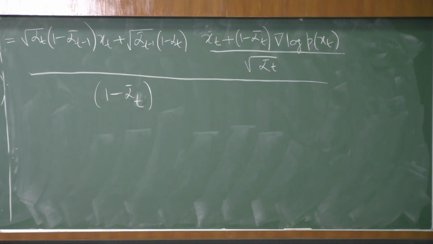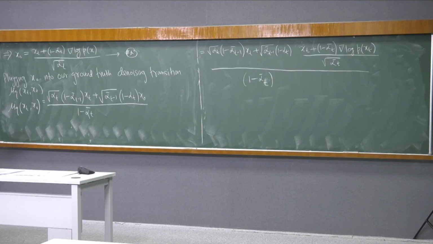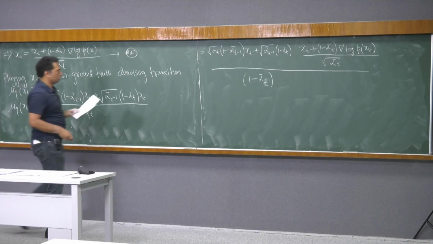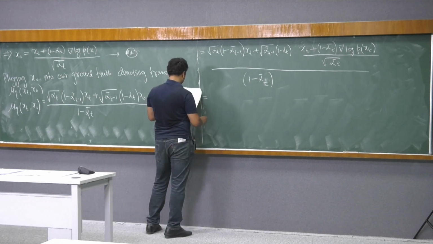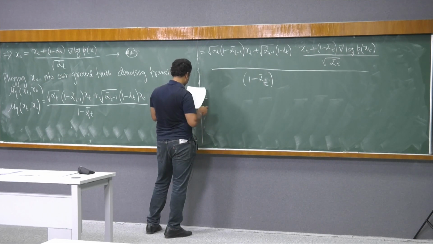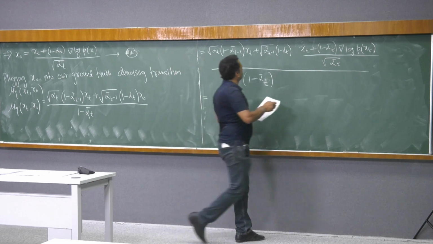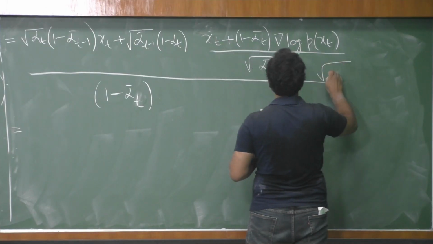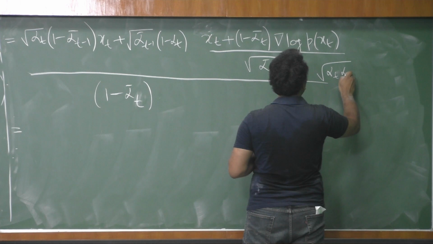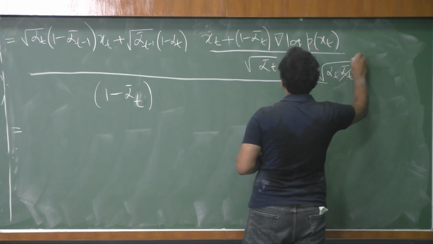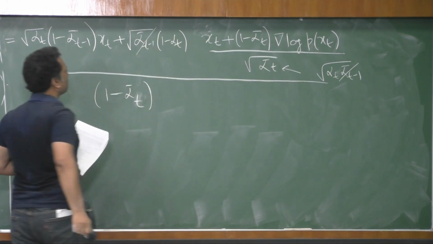We have just substituted x naught there. So let us check: x naught is xt plus 1 minus alpha bar t grad log p xt divided by square root of alpha bar t. Continuing from here, obviously we expect some simplifications, similar to what we did before. So this guy is square root of alpha t alpha bar t minus 1, and the 1 minus alpha bar t minus 1 terms get cancelled from there.